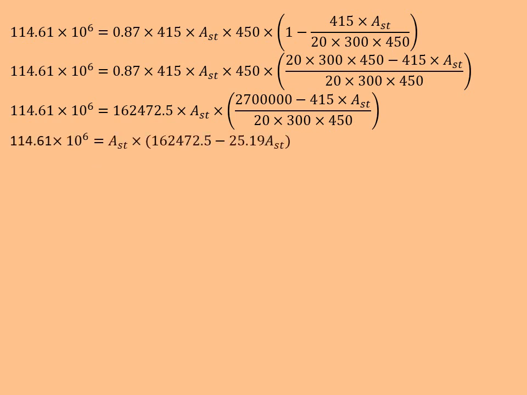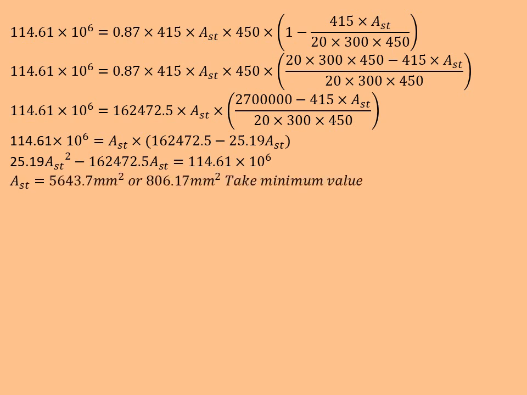The quadratic equation we got is 25.19 AST square minus 162,472.5 AST, which is equal to 114.61 into 10 raised to 6. And we get two values, and we take the minimum value here.